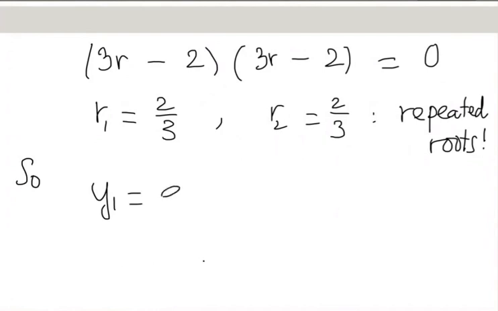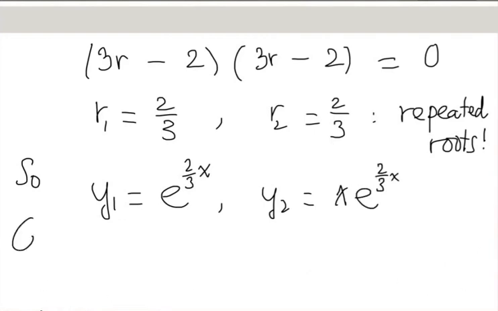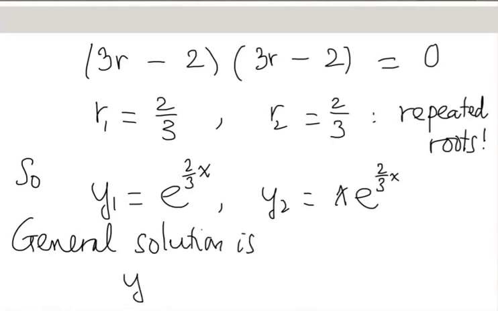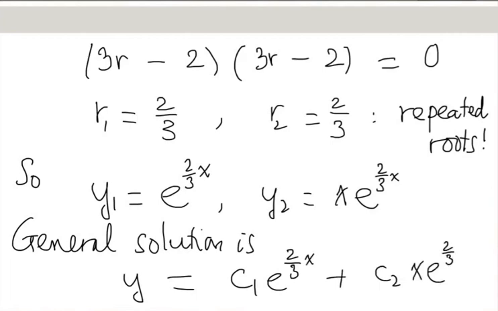So y1 is e to the 2/3 of x, but for y2, because of the repeated root, I need to multiply the first solution over here by x. So x e to the 2/3 x. And the general solution is given by c1 e to the 2/3 x plus c2 x e to the 2/3 x.